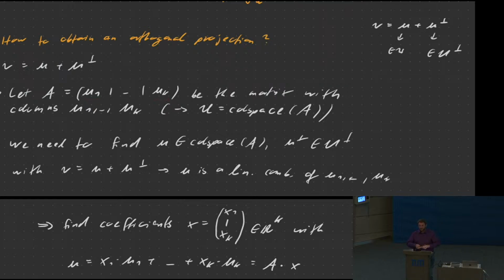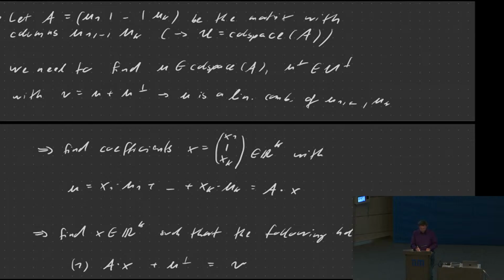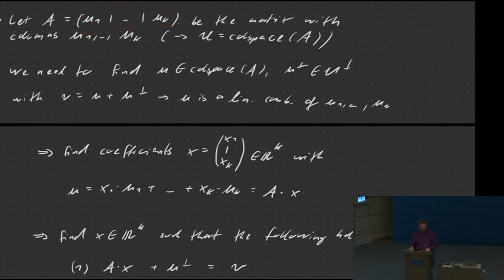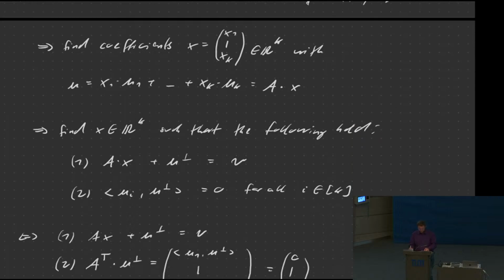Those are the columns of that matrix A. Now what we need to find then is some vector in the column space and some vector orthogonal to that column space, such that V is their sum, and such that U, this first part, is a linear combination of the columns of A, meaning it's in the column space. So we need to find coefficients such that U can be written in this way, or in other words, U is A times X. And X are the coefficients we're looking for.